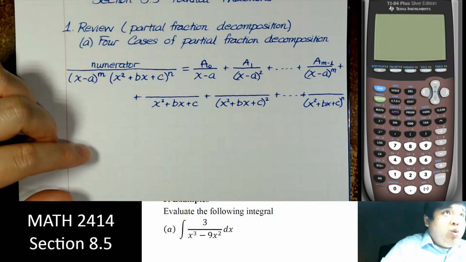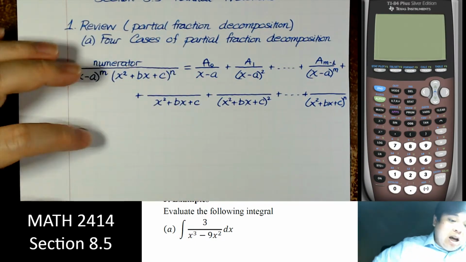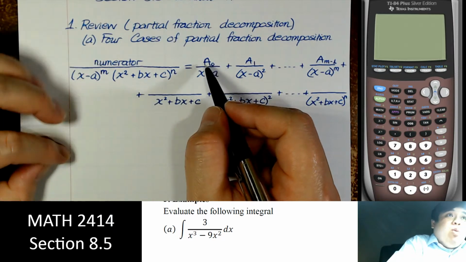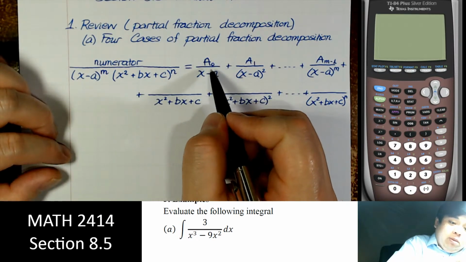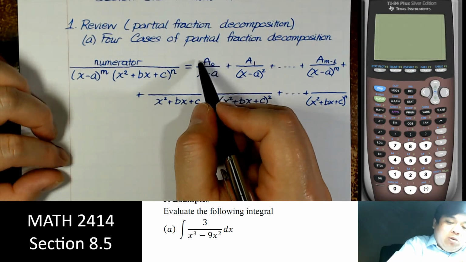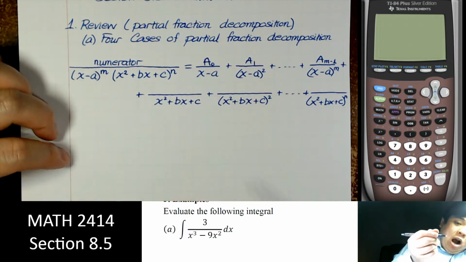Now, the difference between the linear factor and quadratic factor is that the top has 1 degree less than the bottom. So for degree 1, the top has no power. For degree 2, the top should be power 1.